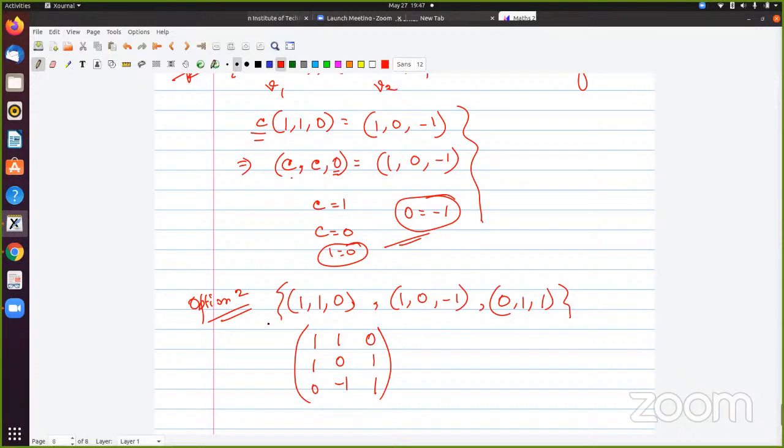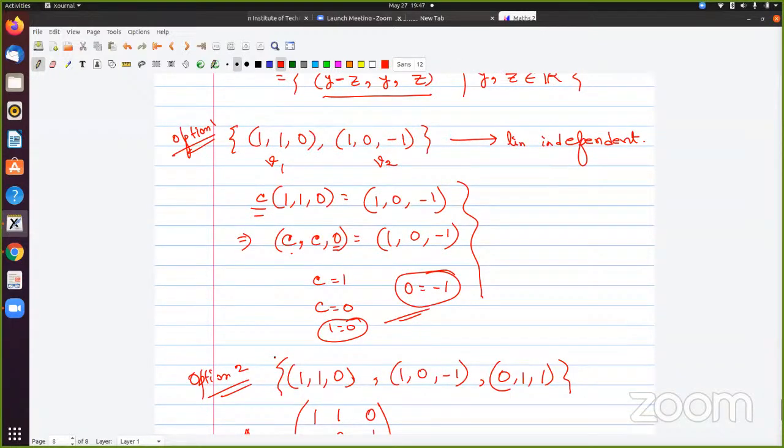Sir, can you repeat option 1? For option 1, if it has to be linearly dependent, one vector must be a scalar multiple of the other. My question is whether this second vector V2 is a scalar multiple of the first vector. Does there exist any real number C such that C times (1, 1, 0) equals (1, 0, minus 1)?